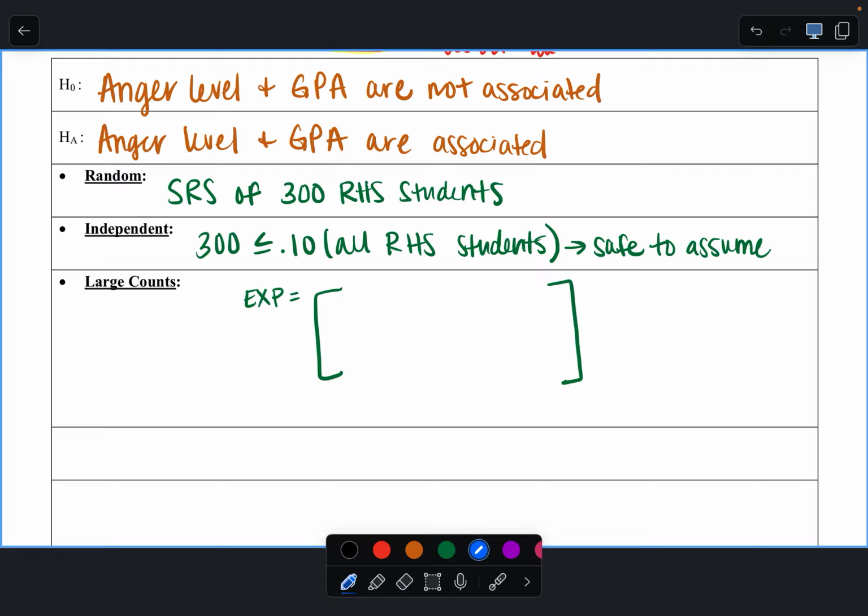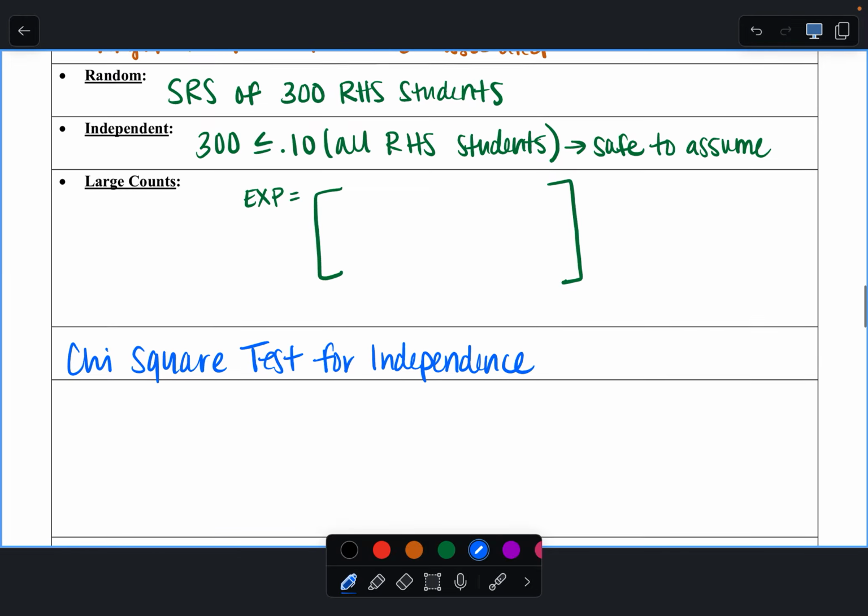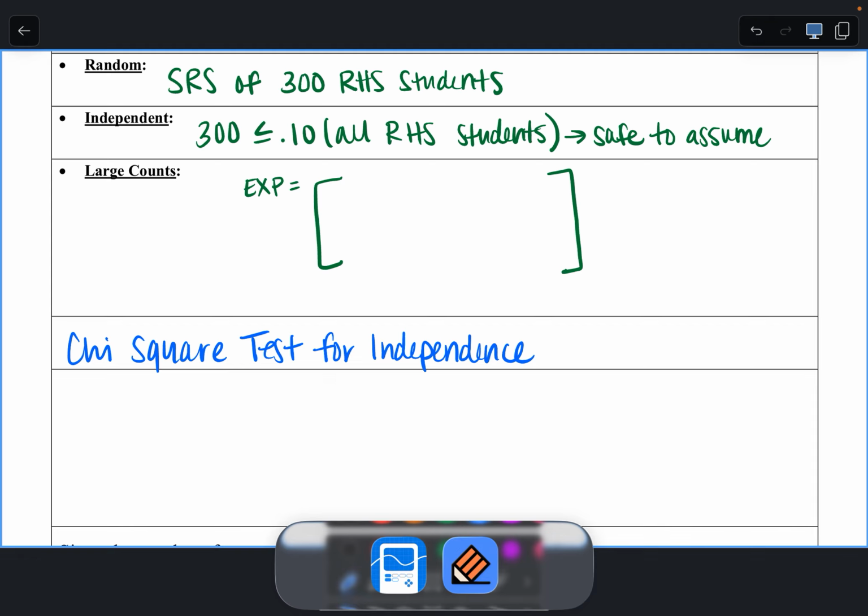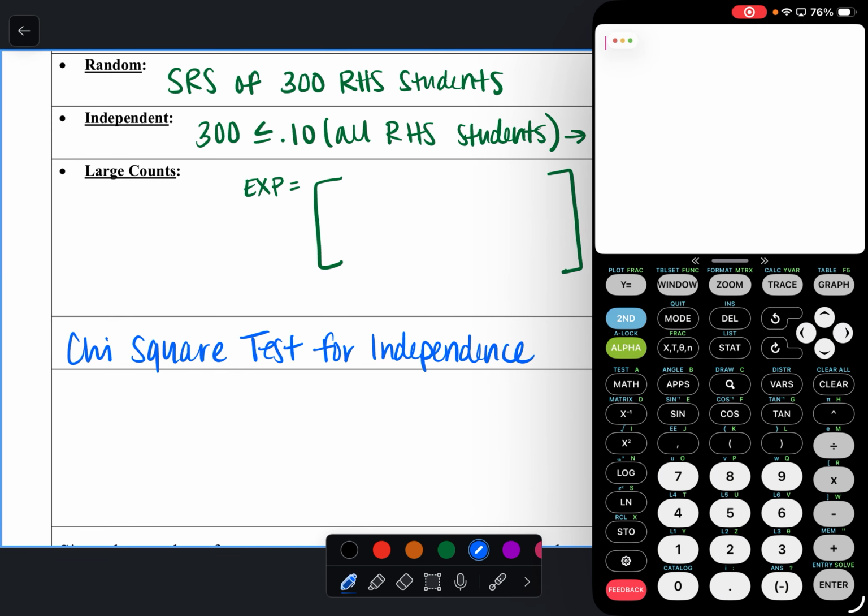So let's go in. I'm going to name the test, and then jump to my calculator. Chi-square test for independence. You want to enter your data into matrix A. I usually just use matrix A because it is the easiest one, since you don't have to change anything.